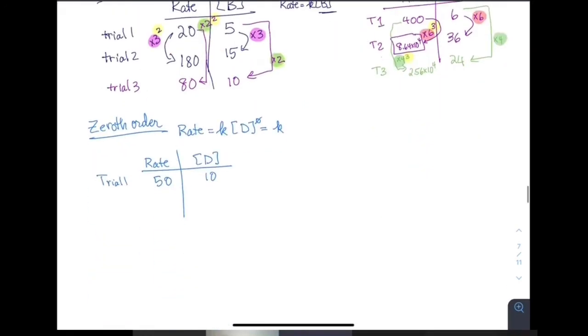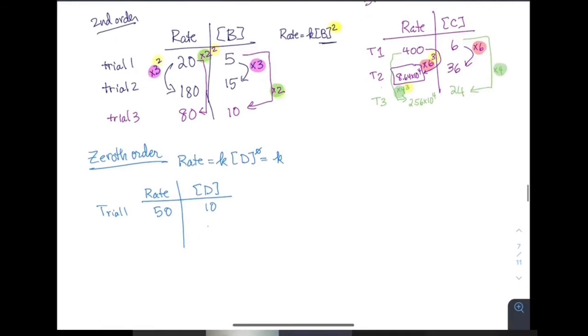Then I change the concentration of D to 20, I double it, the rate stays 50 because the rate's change is times 2 raised to the 0 power, and 2 raised to the 0 power is 1. So the rate doesn't change. The times 2 is the times 2, but it doesn't matter.